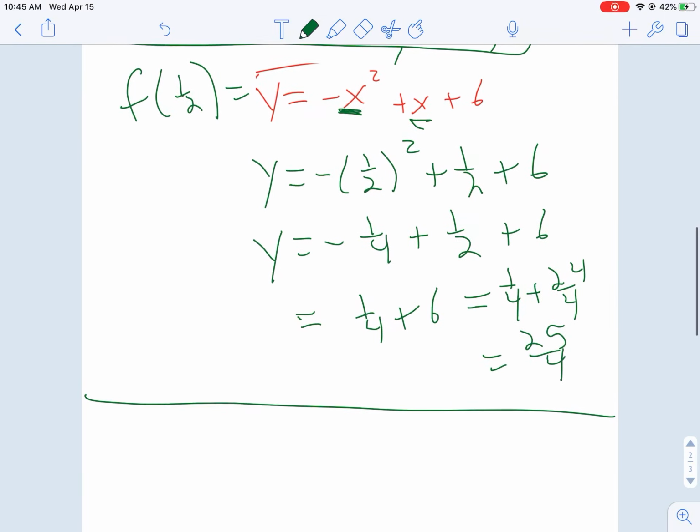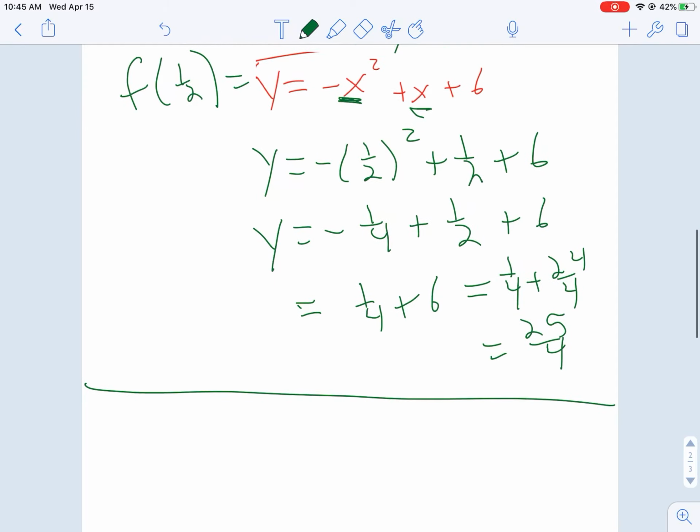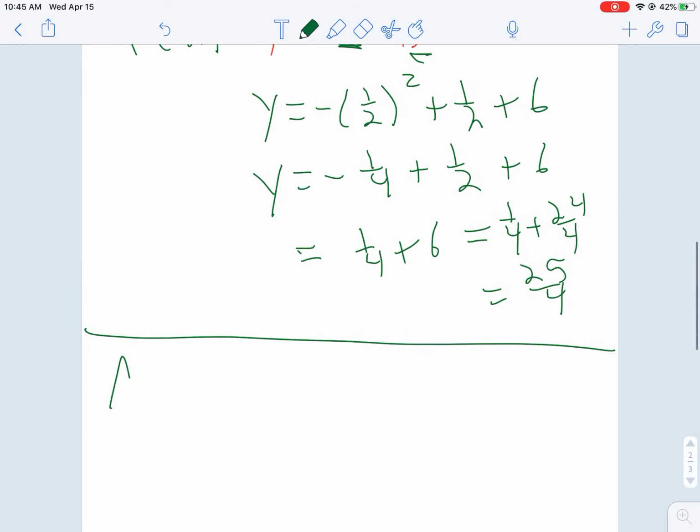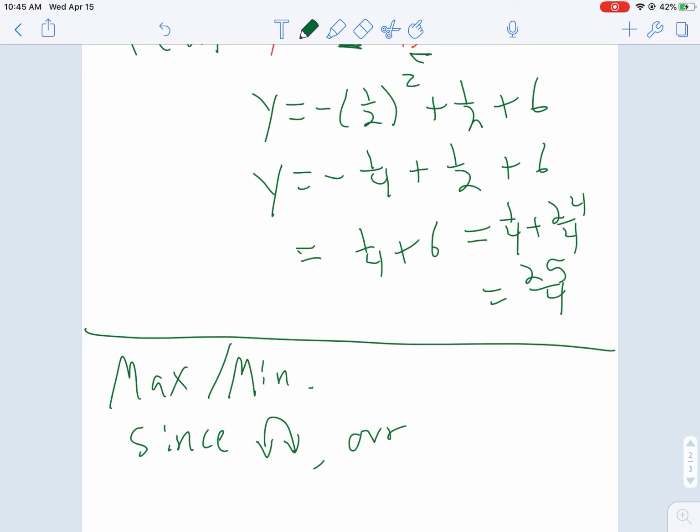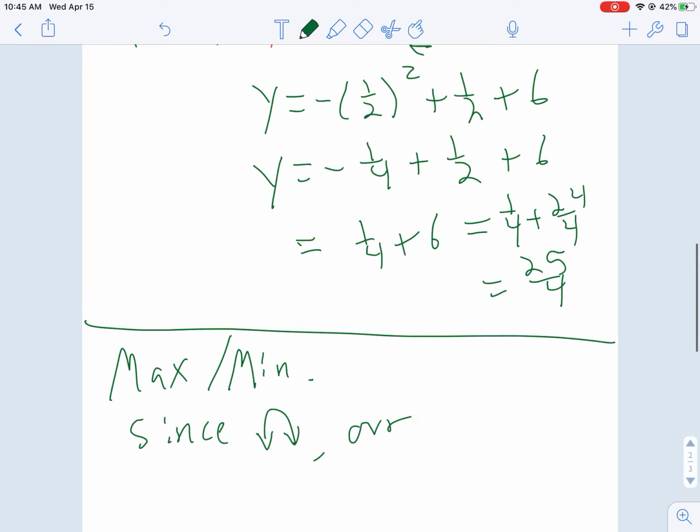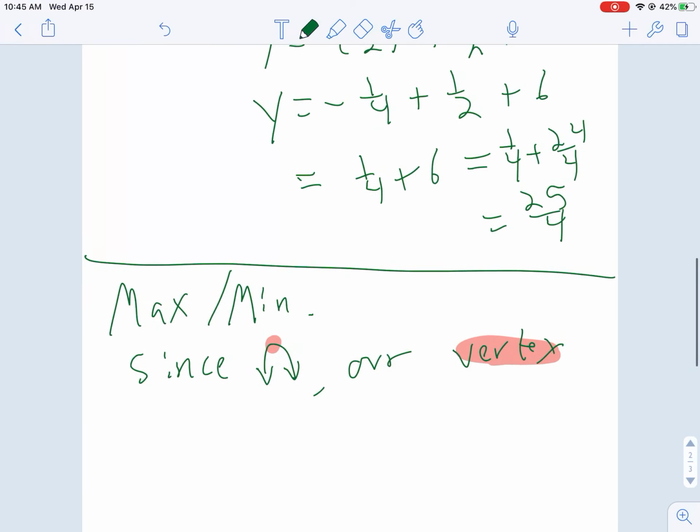The maximum or minimum value is exactly what the vertex is. So max, min: since this is concave down, our vertex is at the top, so therefore our equation has a max.